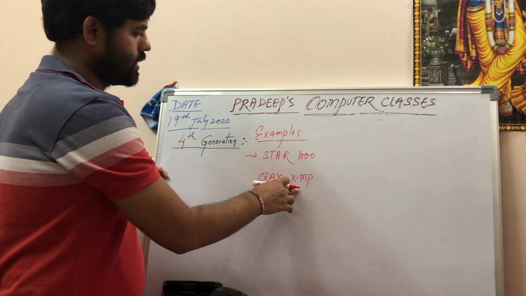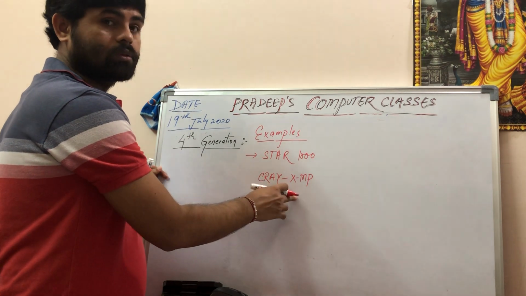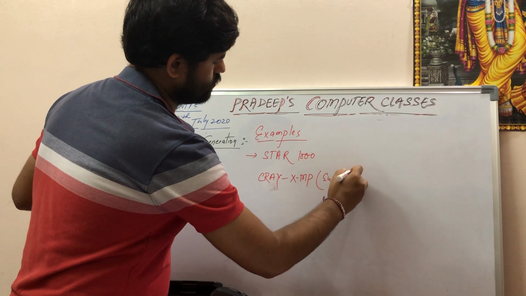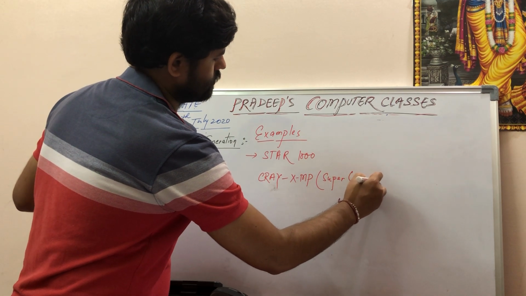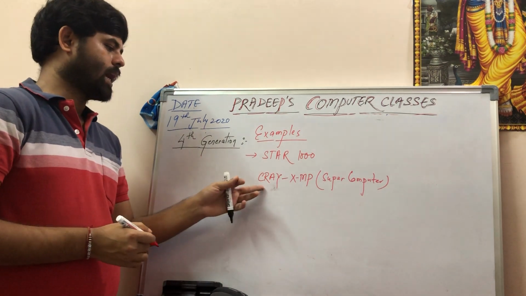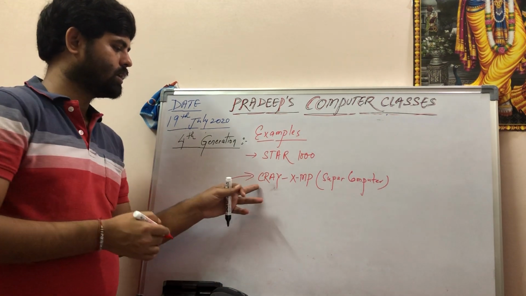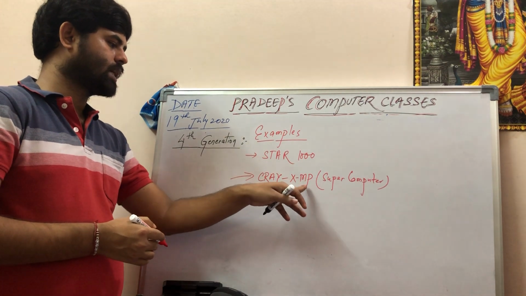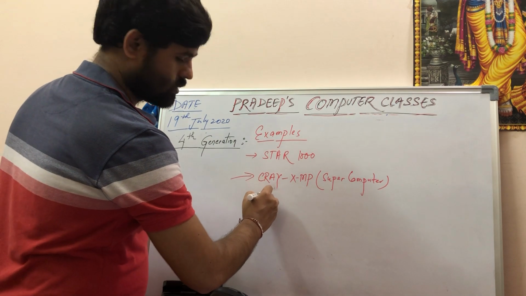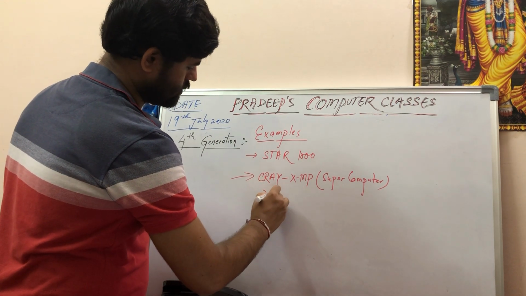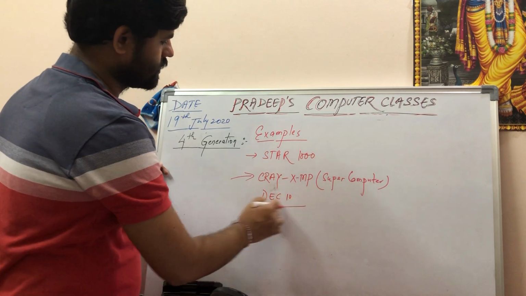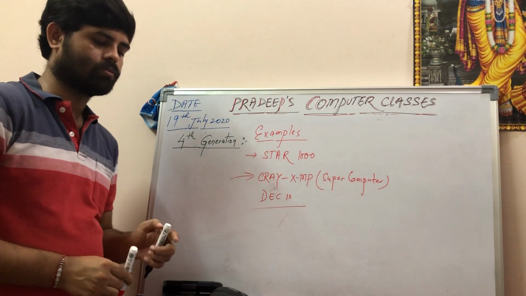C-ray X-MP is the name of the computer. This is a supercomputer name. The first supercomputer which was developed in the 4th generation has the name C-ray X-MP. Okay. Then another is, you can say, DEC 10. These are the examples of 4th generation of computer.